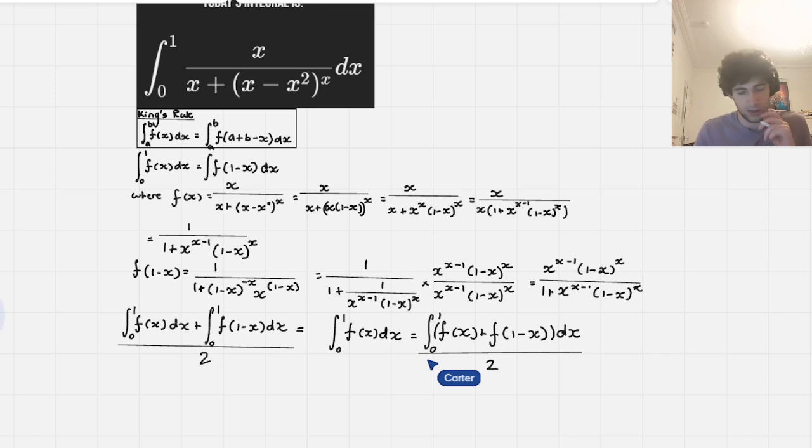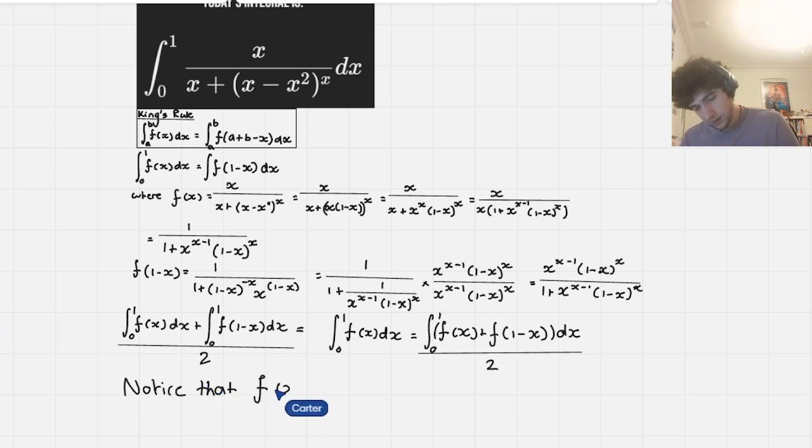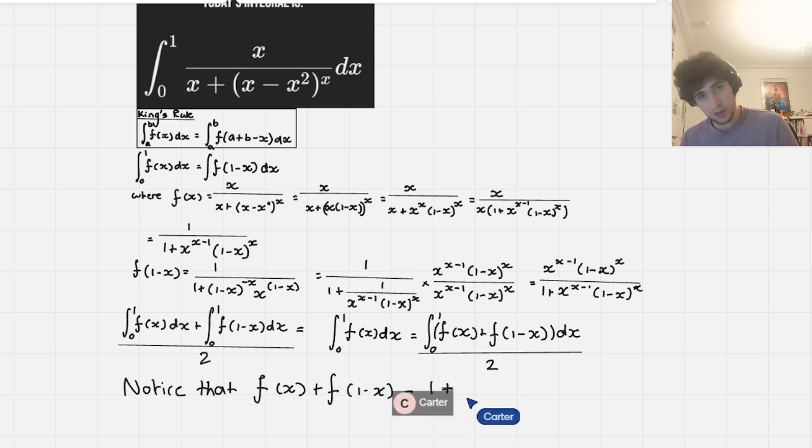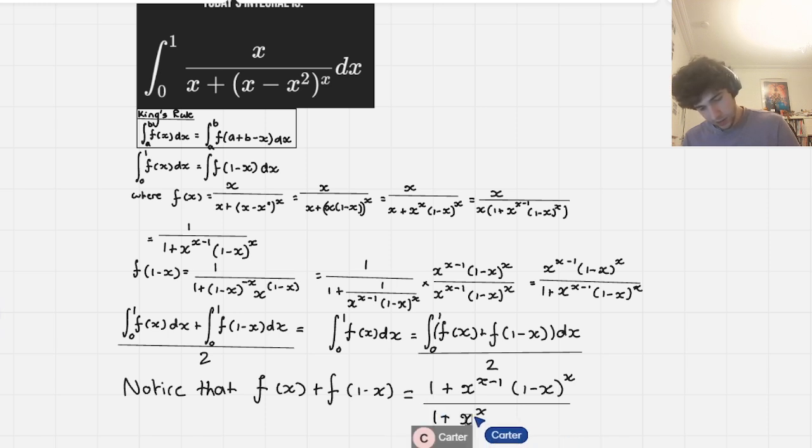So when I add those two things, notice that f of x add f of 1 minus x is just going to be equal to 1 plus x to the x minus 1 multiplied by 1 minus x to the power of x, all divided by 1 plus x to the power of x minus 1 times 1 minus x to the x, right?